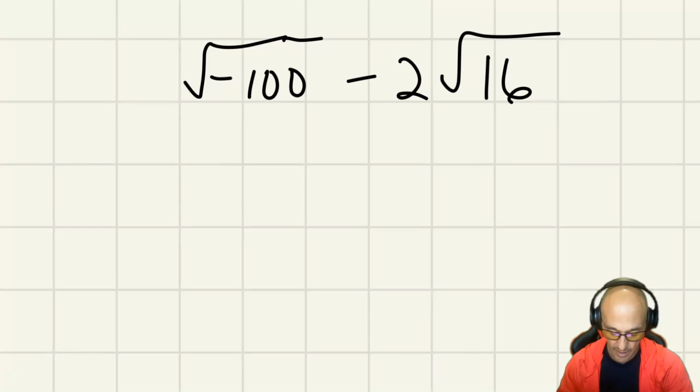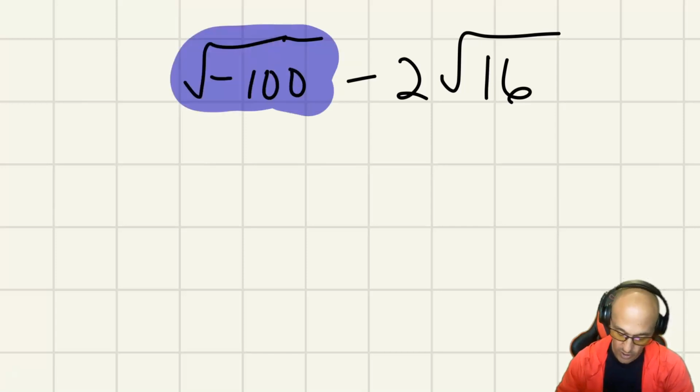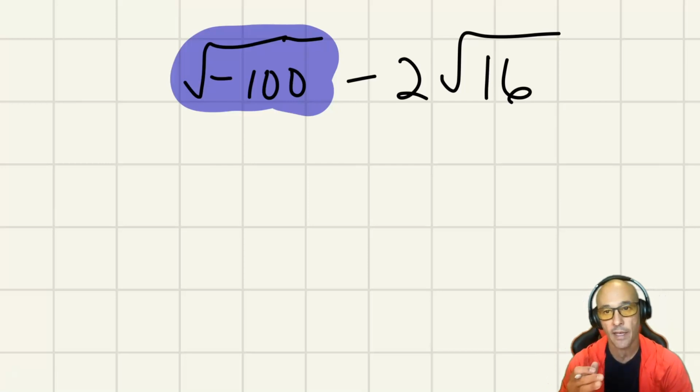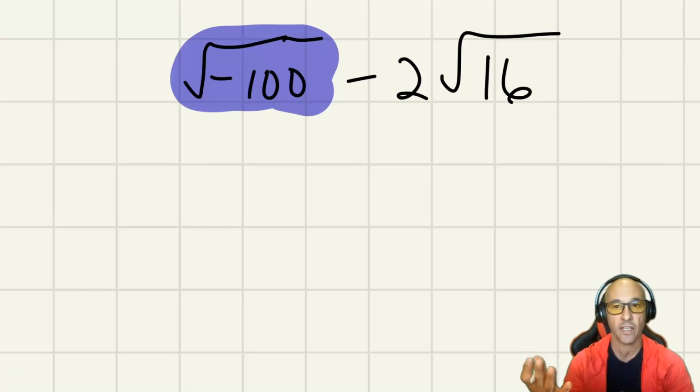So here, it's the same kind of problem. And I'm not going to do every single step the way I did the last one. This is how I would normally do it. In the other one, I was making sure that every single step was explained. Here, I don't know if it's much of a shortcut, but I can rewrite this as, well, the square root of 100, that's 10. And then we have that square root of negative 1, which is i.